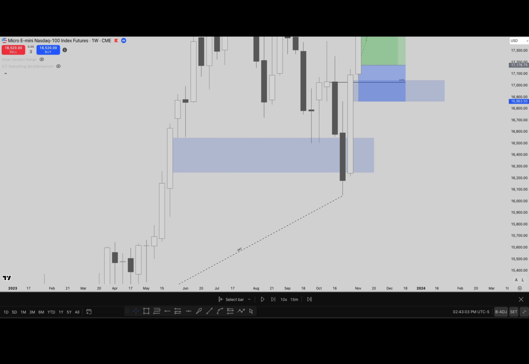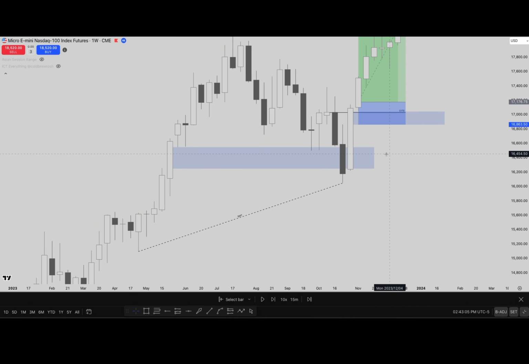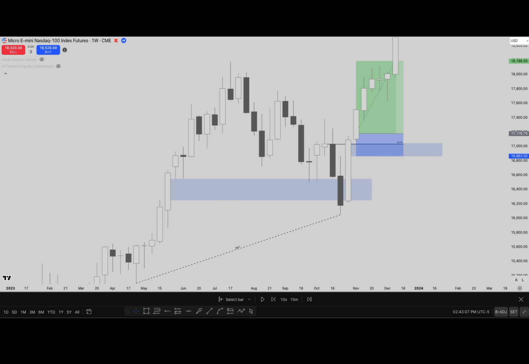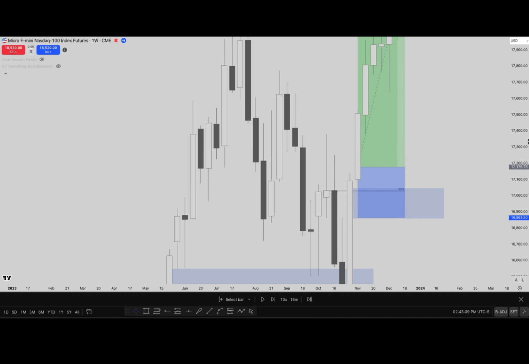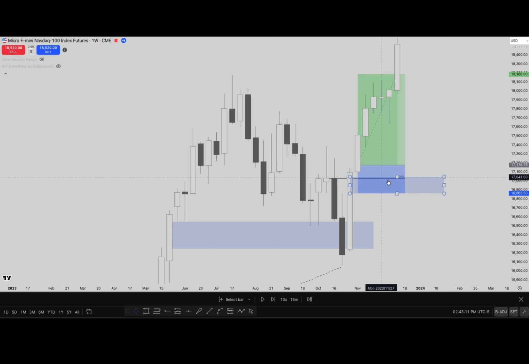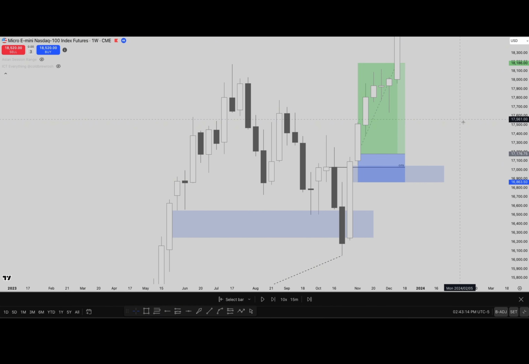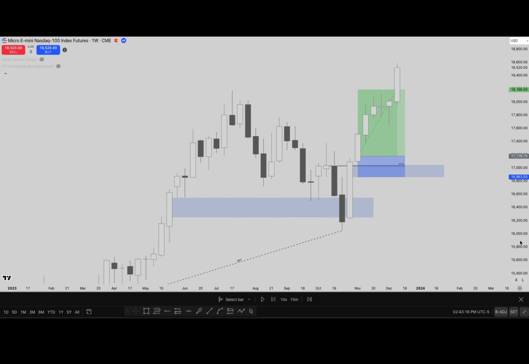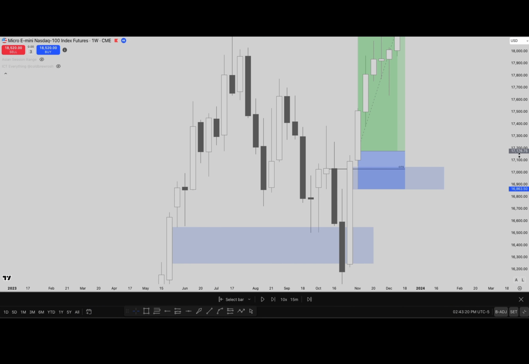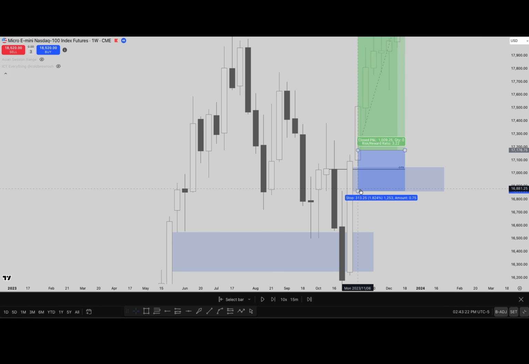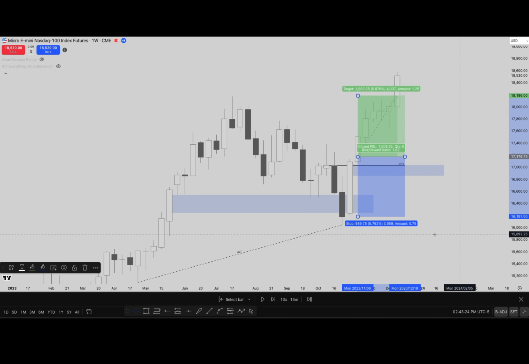But manipulation, fair value gap, changing the state, and look, we open another bullish fair value gap right here. And something cool about fair value gaps is you can actually use them as a place to put your stop. And I put my stop right here because if I put it right here, I would have really bad risk.